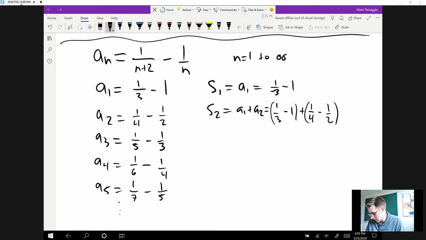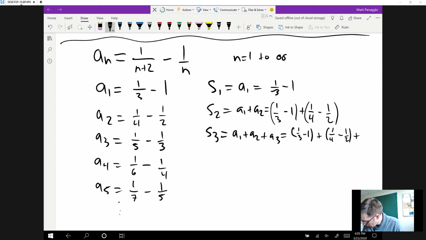We could write it as a single fraction, but I'm going to leave it that way because we are going to see a pattern here. We need to look a little bit harder. All right, so the next term will be 1/3 minus 1 plus 1/4 minus 1/2 plus a3, which is 1/5 minus 1/3. And there we go. Now we have this 1/3, and the minus 1/3 is going to cancel.